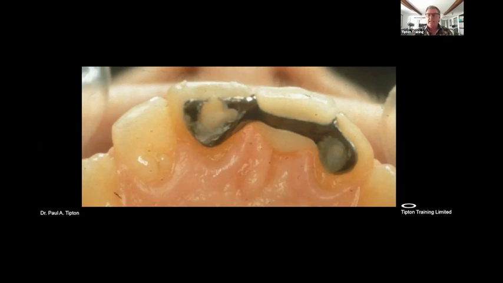So setting the scene, we have in front of us a 3-unit bridge with Maryland retainers. Now, generally the problem with Maryland retainers, and we get it down to the very basics, is they lack resistance retention form. If a retainer lacks resistance retention form, then when it is under function, the cement has a greater chance of fracturing.